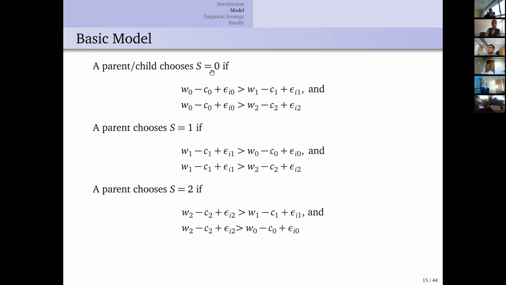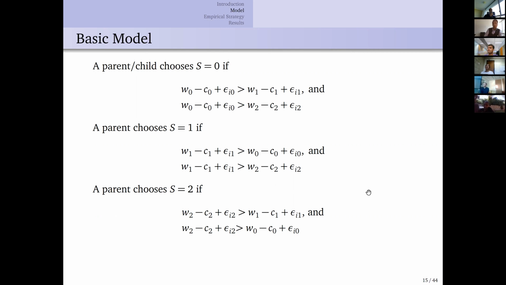So the decision maker chooses 0 years of education if the net benefits from 0 years of education exceed the net benefits from 1 year of education, as well as exceed the net benefits from 2 years of education. And you can write this out for all of the other levels. If you choose 1, that means your net benefits of 1 exceed the net benefits of 0 and 2, and then finally the same thing for 2.